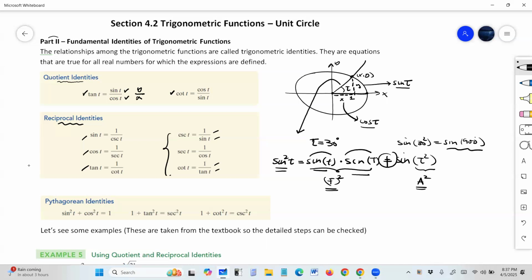Obviously, it's not. So don't make that mistake. All of these functions here are the function squared, not the angle squared. Later in the course, we're going to talk about specific formulas for double angle and half angle, and you'll see that this is the case.